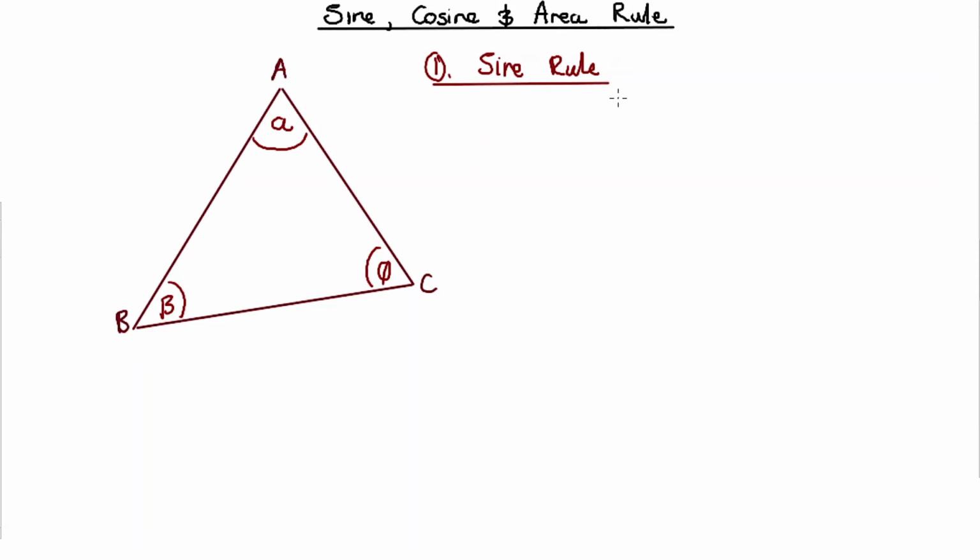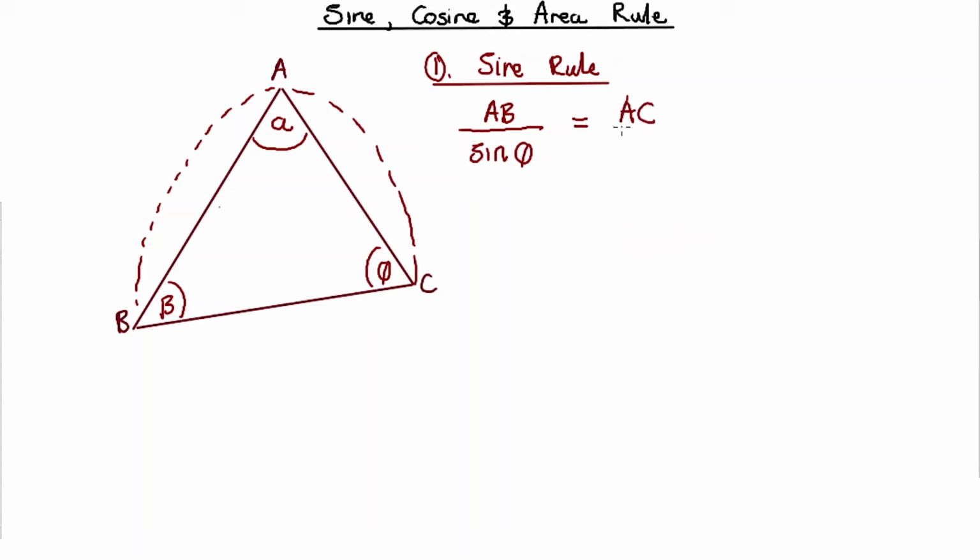So the sine rule says if you take AB, this side, and divide it by the sine of its opposite angle, that is theta, this is going to be equal to AC divided by the sine of its opposite angle, which is beta.